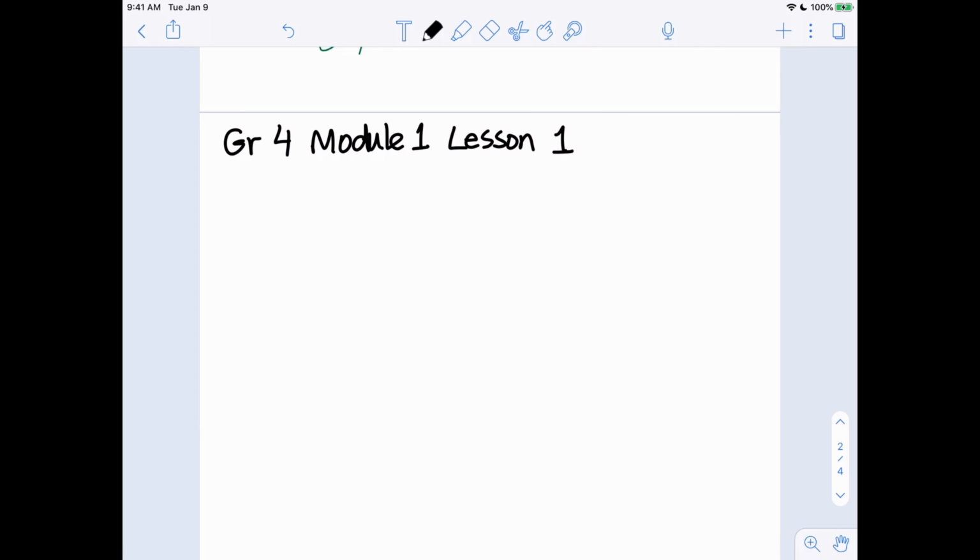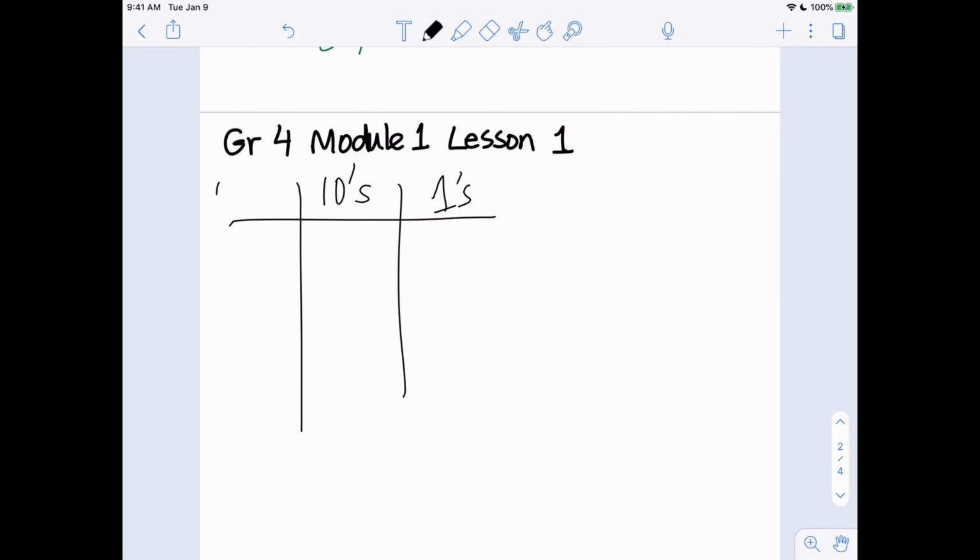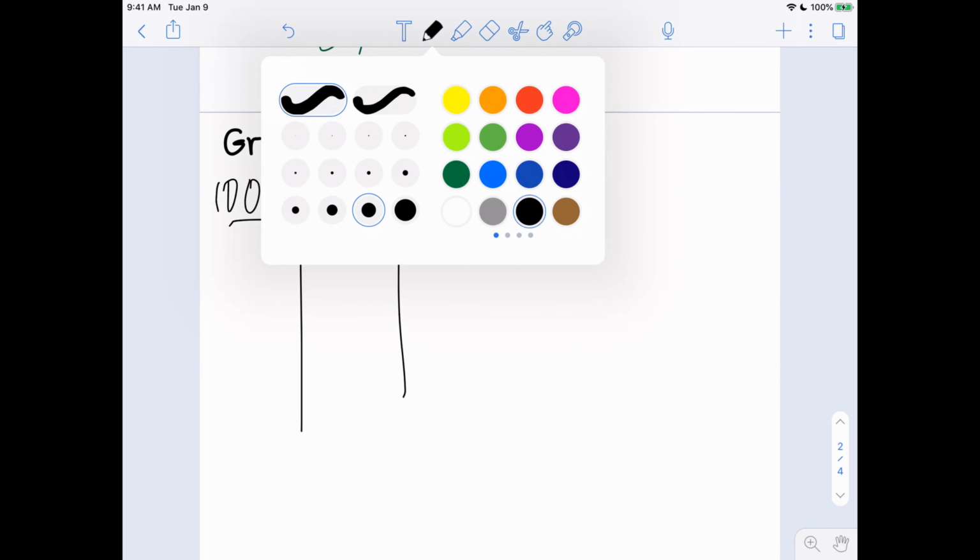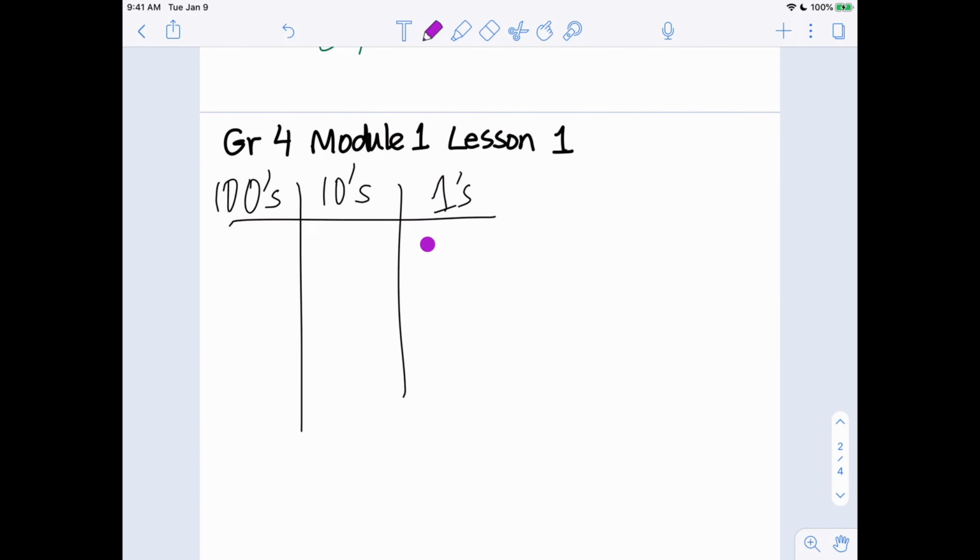So let's get started. The idea is, let's say I have a place value chart. Here are my ones, here are my tens, and here are my hundreds, all right? So now I'm gonna use a big fat pen, and that means I have 1 one. That means I have 2 ones, 3, 4, 5 ones, 6, 7, 8, 9, 10 ones.